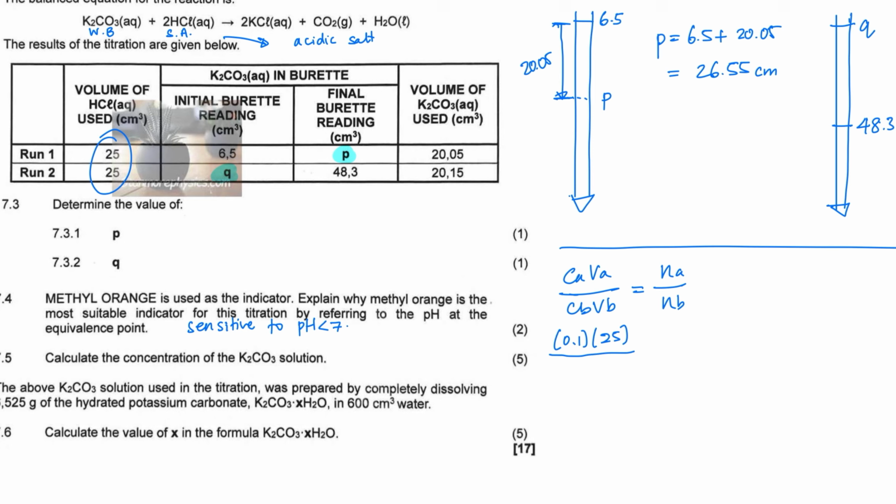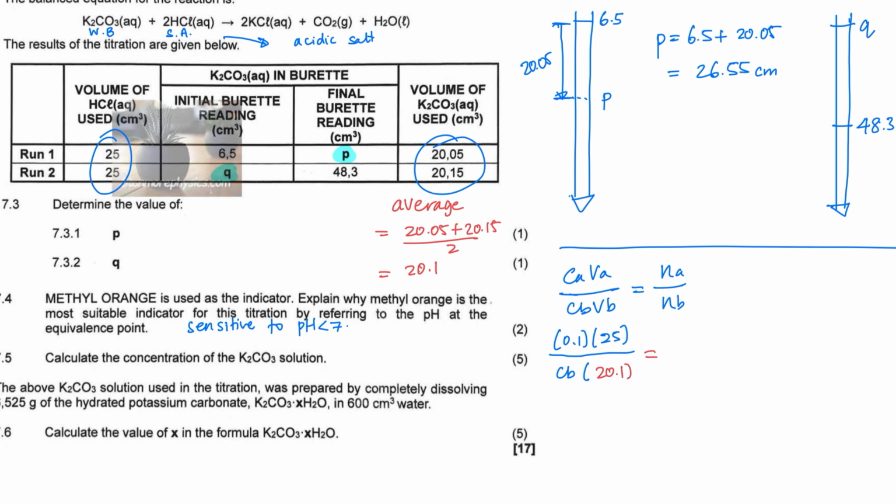That's the beauty of this formula. Then CB is what we want. The volume of the base. Now, if you notice, we have two different volumes. So what do we do? We take the average. So the average volume is going to be 20.05 plus 20.15 divided by 2, which is 20.1. So 20.1 goes here.